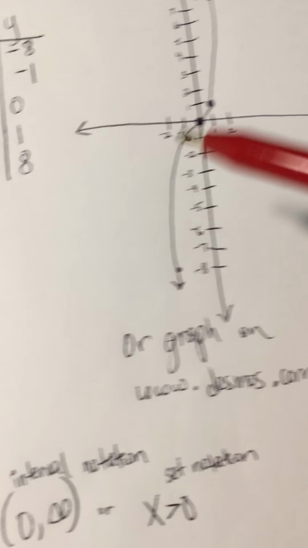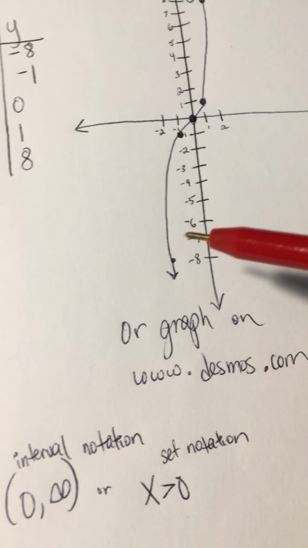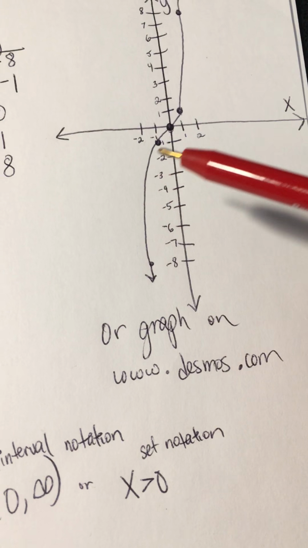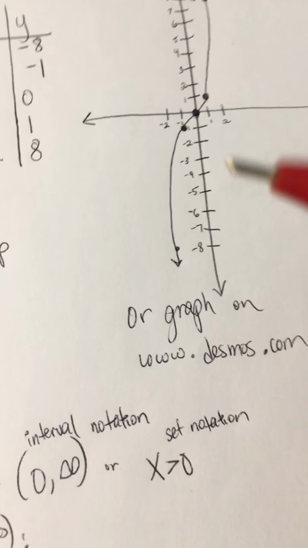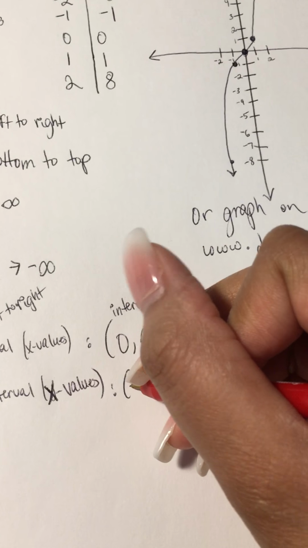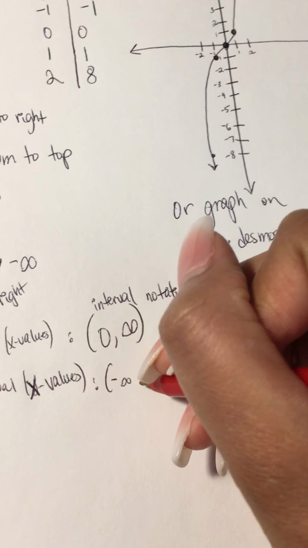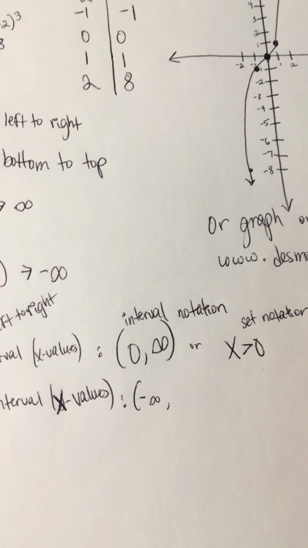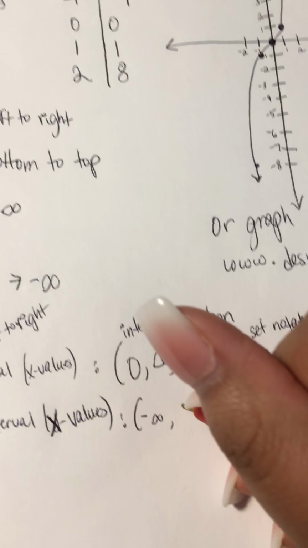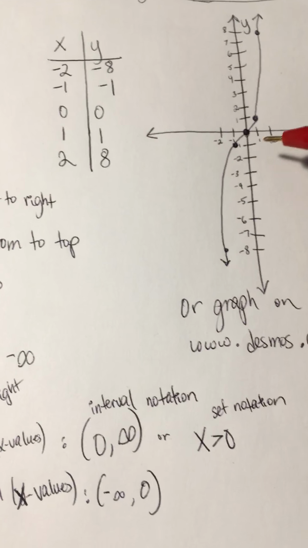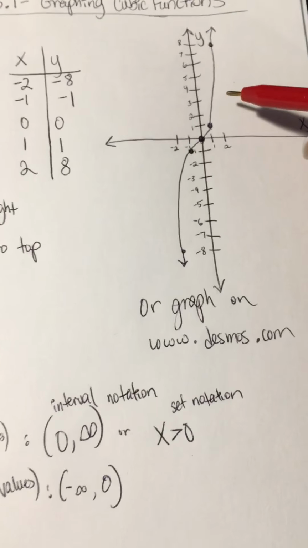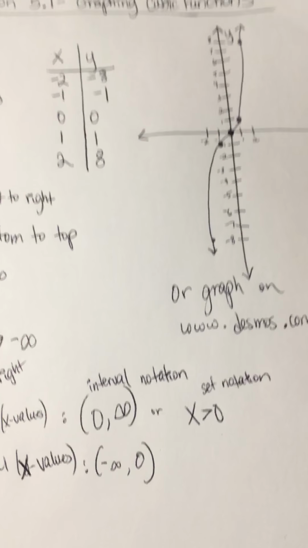So from left to right, my y values are negative from negative infinity and stopping at 0, beginning when my x values are really, really low, all the way up to 0. That's where the y values stop being negative and transition to being positive y values. So the 0 is the transition point.